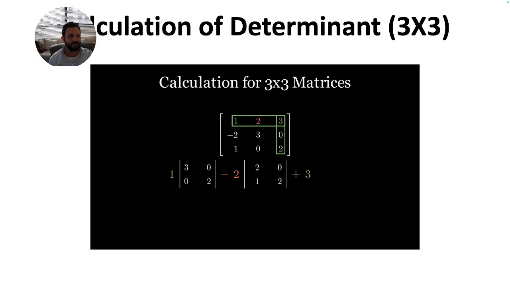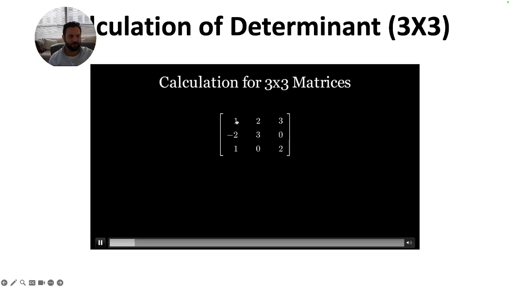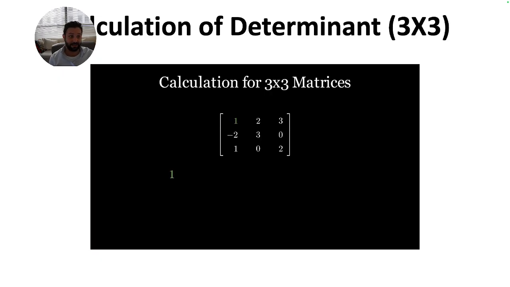When we go to 3x3 matrices, we make use of the adjugate operation. For 3x3 matrices, we take the first row, or any row for that matter, and the first column of the first row is going to be positive, hence the color green, and the second one is going to be negative, hence the color red, and the third one is going to be positive.